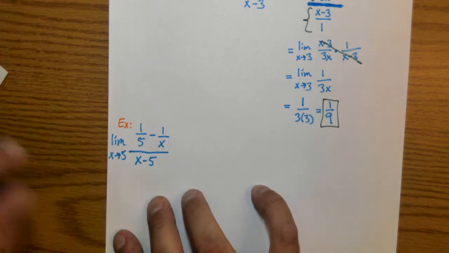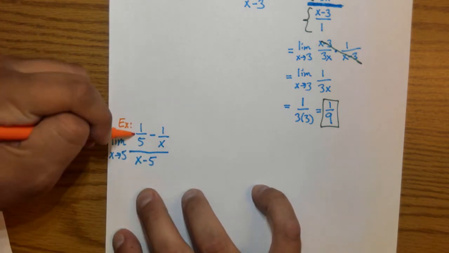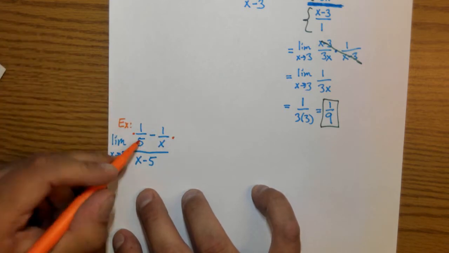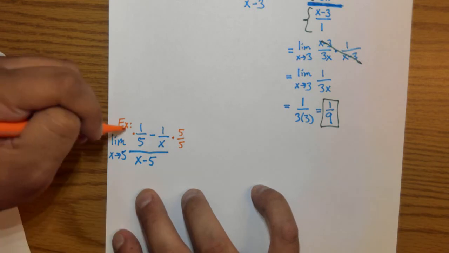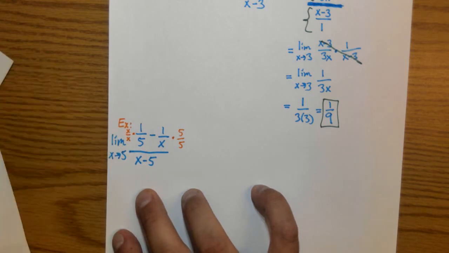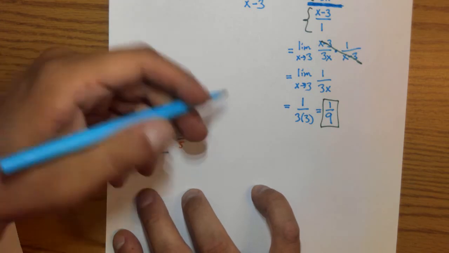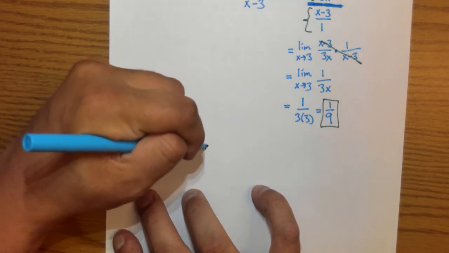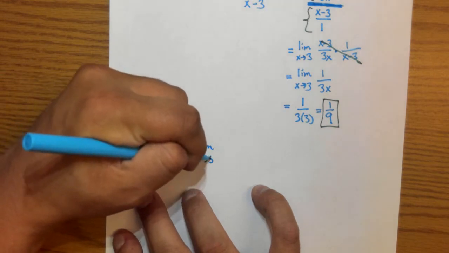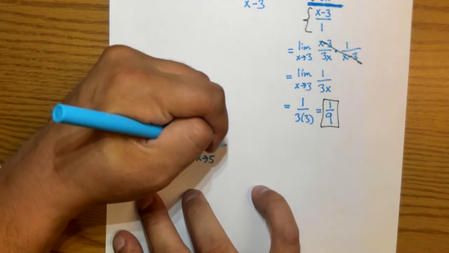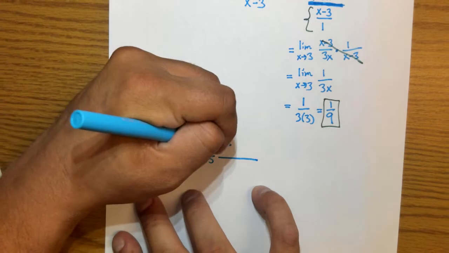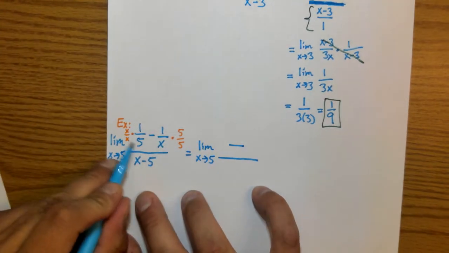So again, let's get common denominators on top. We're going to multiply by the opposite denominator. This one over here, I'm going to multiply by 5 over 5. This one over here, I'm going to multiply by x over x. So that's going to bring us the limit as x approaches 5 of, well, we know the bottom is going to be the same, so it's going to be 5x.